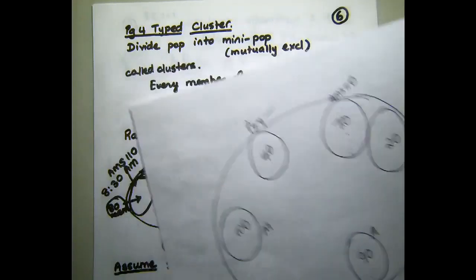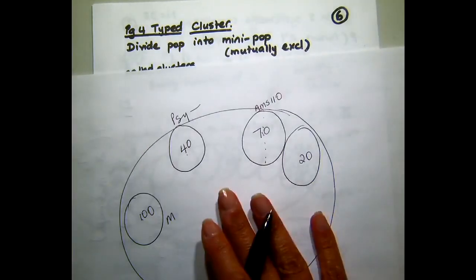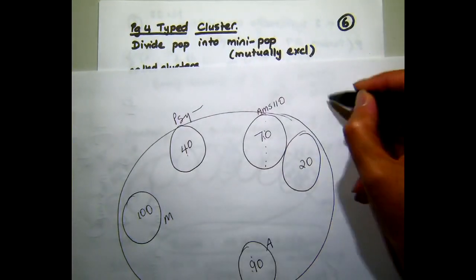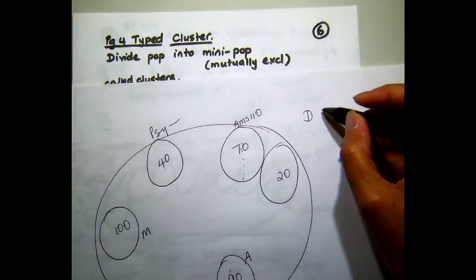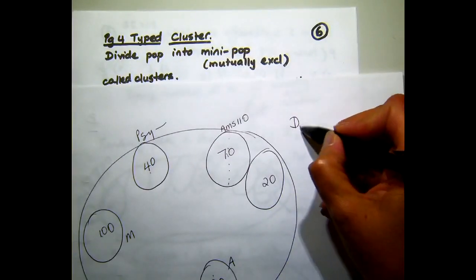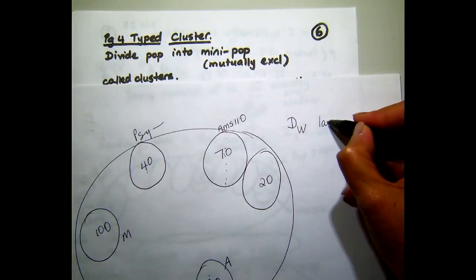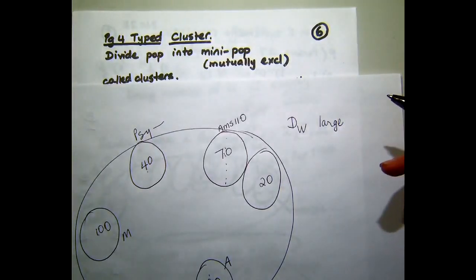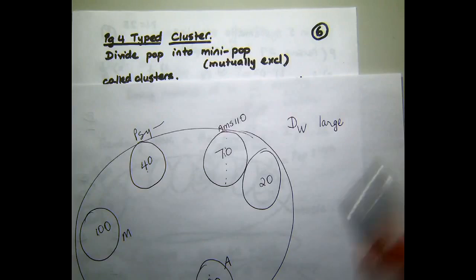Okay. So the thing that will get tested on this on the exam is that differences, D stands for differences, within are large. Differences within the cluster are large, meaning assuming that the variability is large within the cluster. Very different from stratified, because in stratified, the differences between the strata were large.